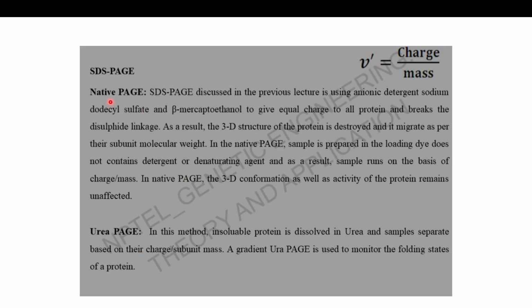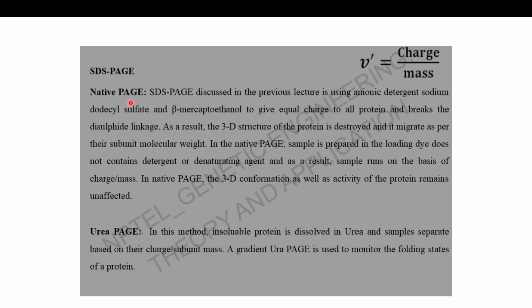So in native page, as the name suggests, it's exactly the same as SDS page, but there are some variations in the type of sample buffer, type of running buffer, and the running conditions.